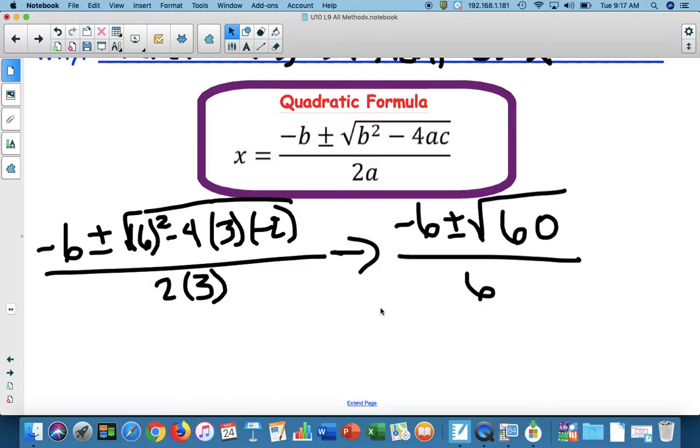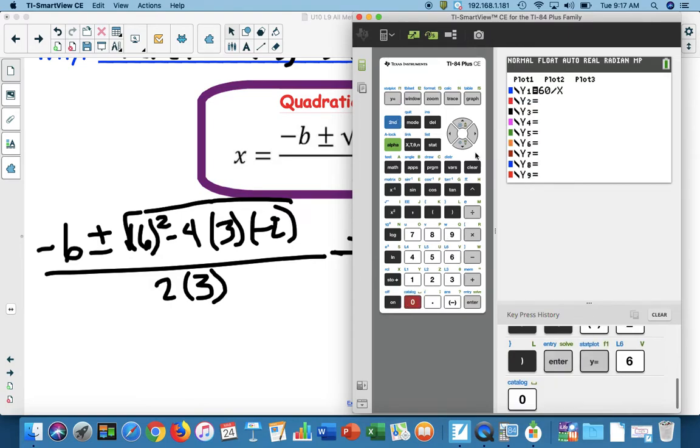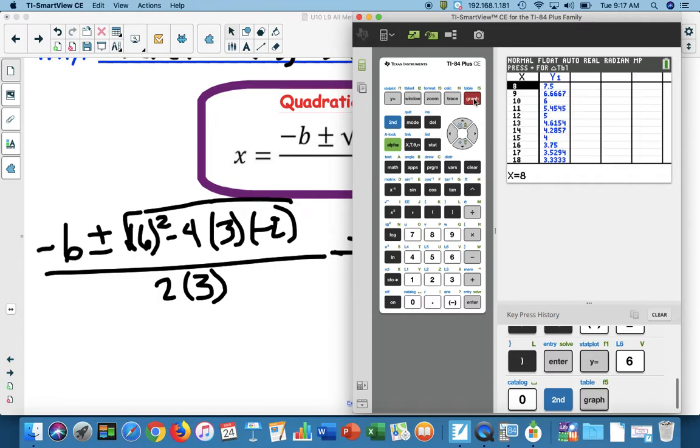Now let's go back to our calculator. Go to y equals. Let's put in 60 divided by x to see all our factors of 60. All right, so my factors of 60. Let's start from the top here. And if you guys notice right here on the screen, I'm going to put the factors right here for you guys.